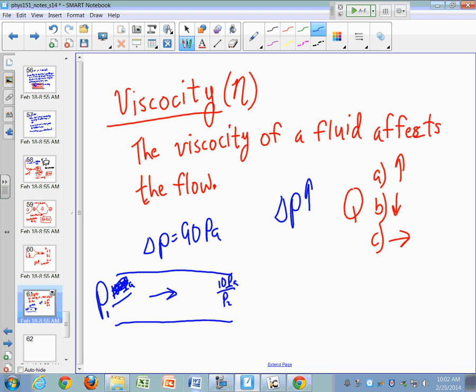Like let's say that instead of 100 here, I make this 1,000 pascals. And that's what I'm saying over here, that if I increase that pressure differential, that is, I increase the difference between this number and this number, how is that going to affect how quickly the fluid flows? Is that a little more clear? Let's try the question again, okay? I'm increasing that delta P.